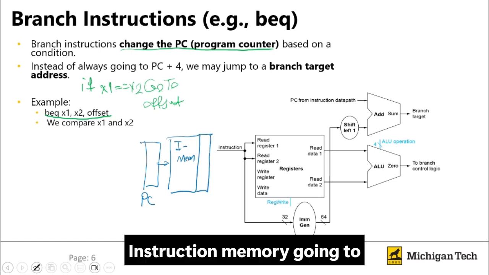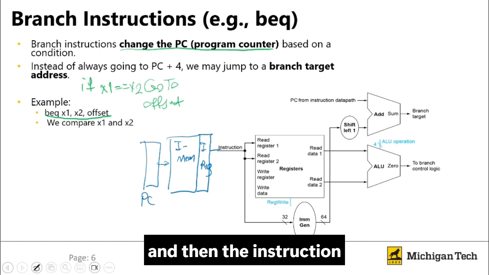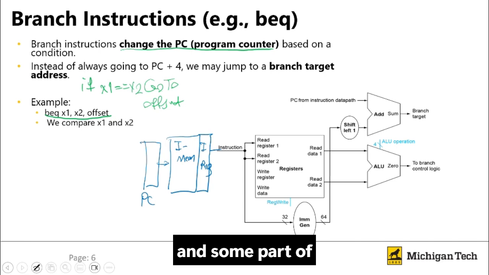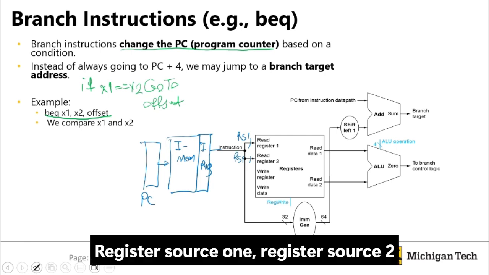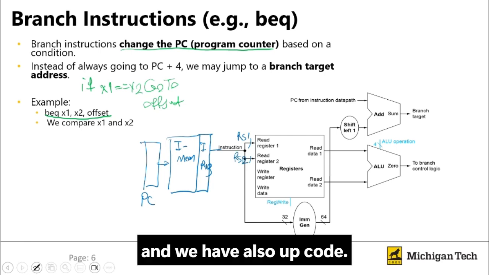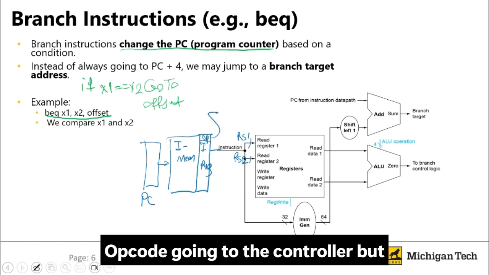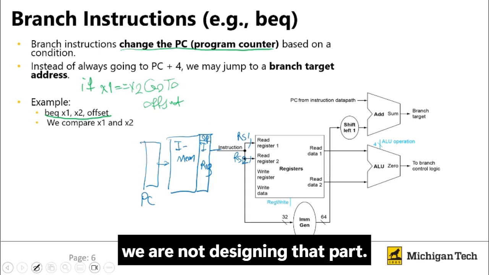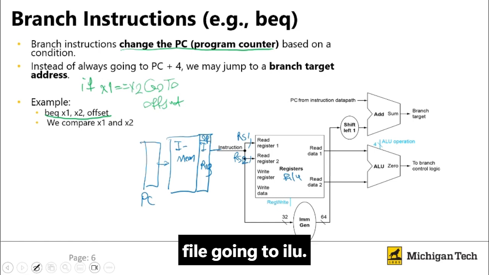Instruction memory goes to the instruction register, just one register for instruction. Then the instruction register gets decoded, and some parts of that, like register source 1, register source 2, and we also have the opcode going to the controller, but we are not designing that part. This is the register file, and register file goes to ALU.